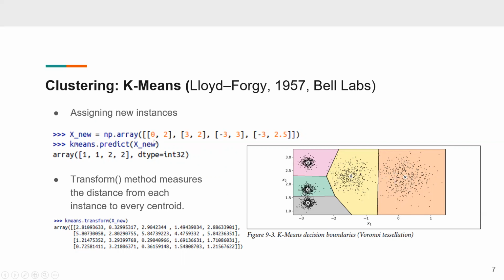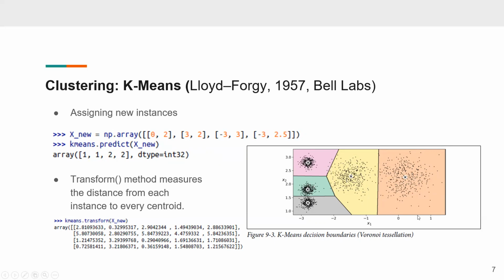So let's look at all the data points. Those 4 data points, 0, 2 is the first one, assigned to index 1, which is this cluster. We said this is 0, this is 1, this is 2, 3, 4, right? So this 0, 2 goes to that. That's great. You use predict on X_new to know which cluster it belongs to.